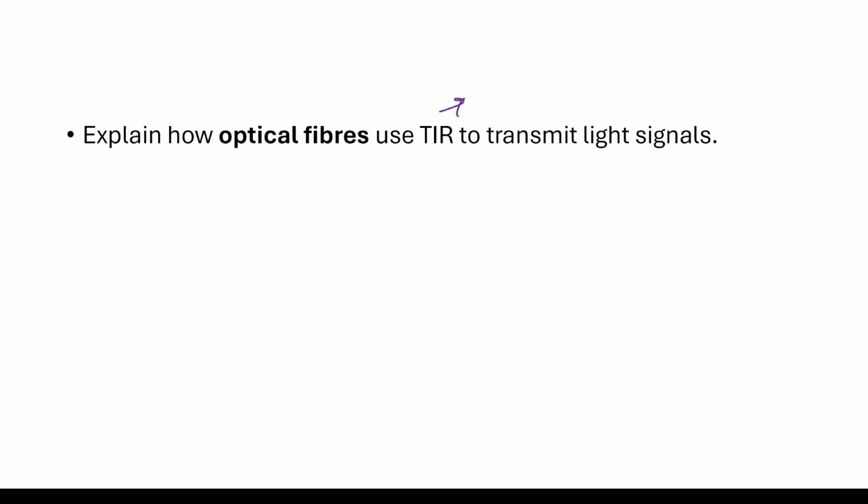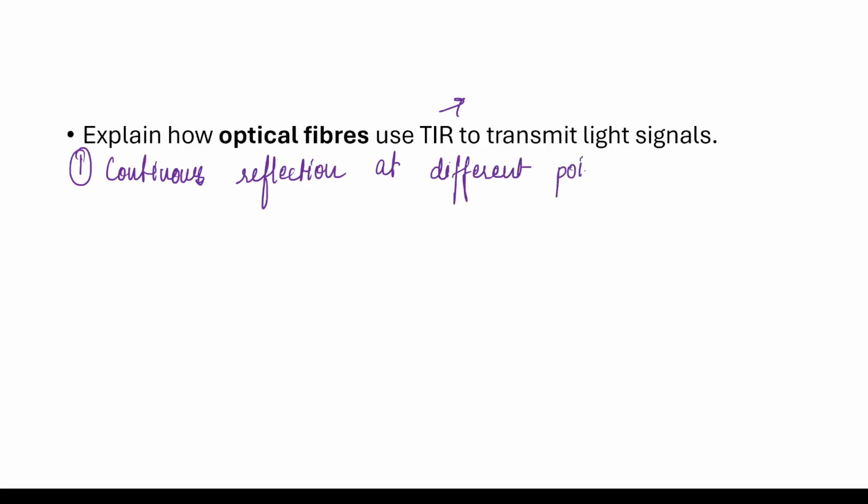So let's start. First point: light continuously gets reflected inside the core. Let's write the first point: continuous reflections at different points in the optical fibers.